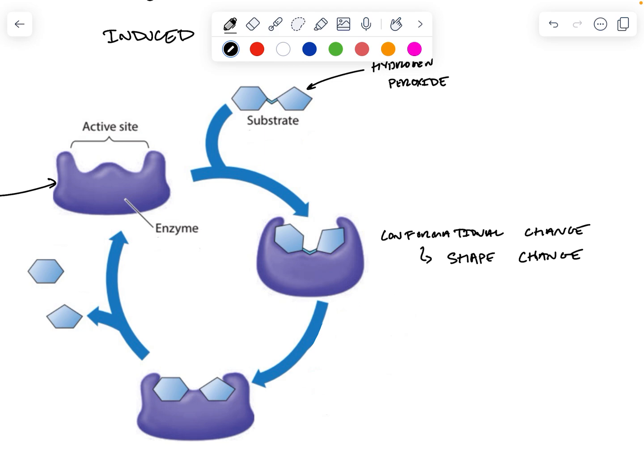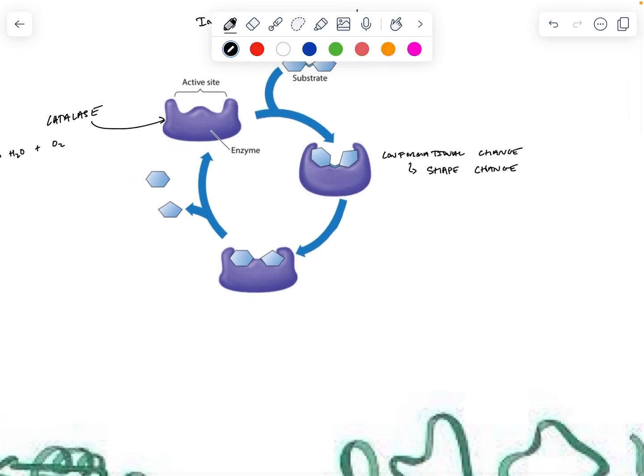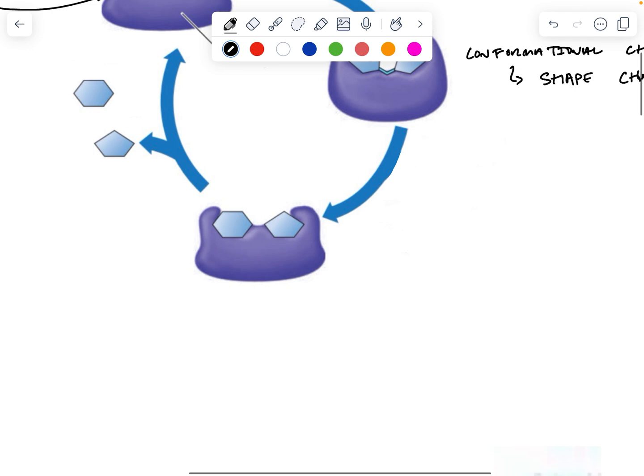So it changes its shape, and in changing its shape, it catalyzes the reaction. So in this case, it breaks the bond that's shown here. So the enzyme undergoes a conformational change, and then the reaction is catalyzed.